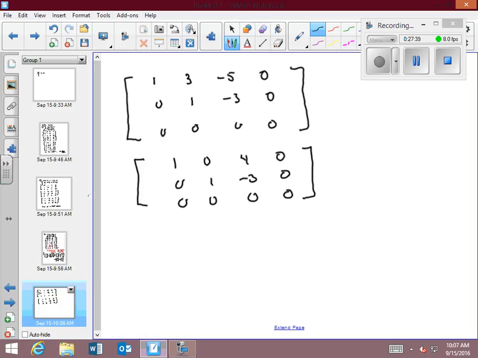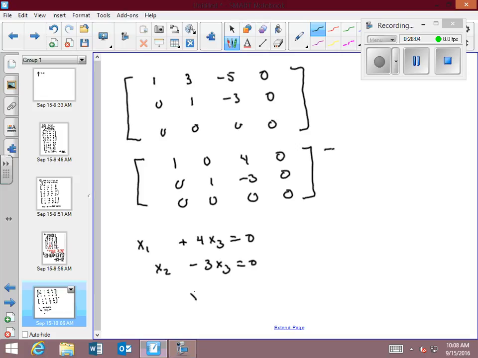Now then, let's do the parametric. The first equation would be what? x1 plus 4x3, right? The second one is x2 minus 3x3.